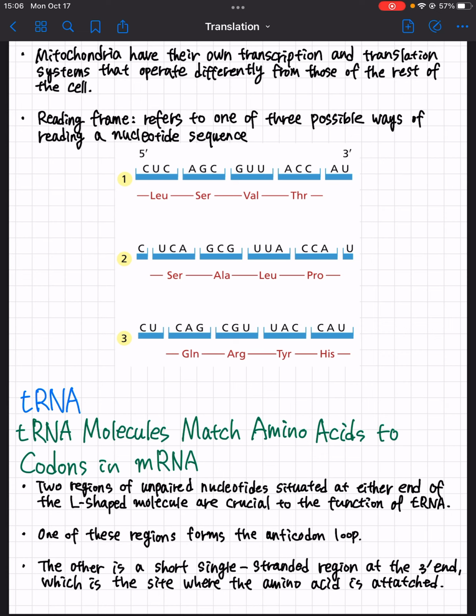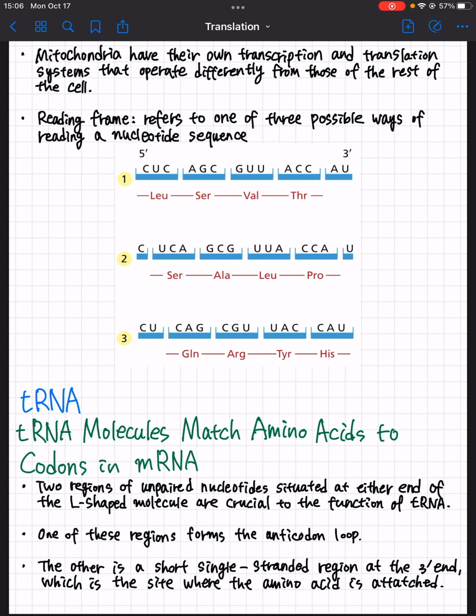Moreover, since there are only 4 different nucleotides in mRNA and 20 different types of amino acids in a protein, this translation cannot be accounted for by a direct one-to-one correspondence between a nucleotide in RNA and an amino acid in protein.